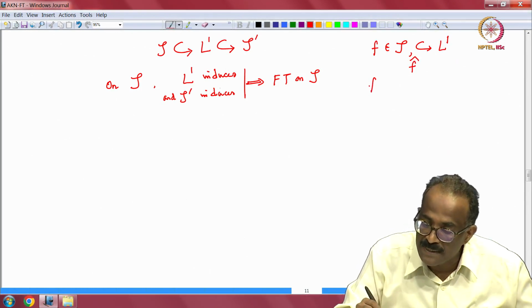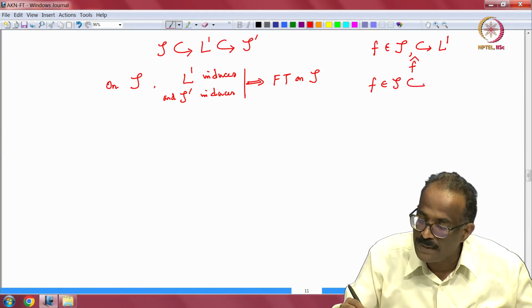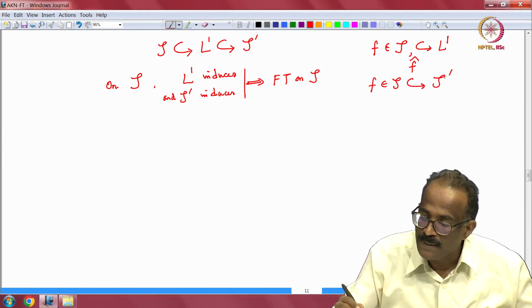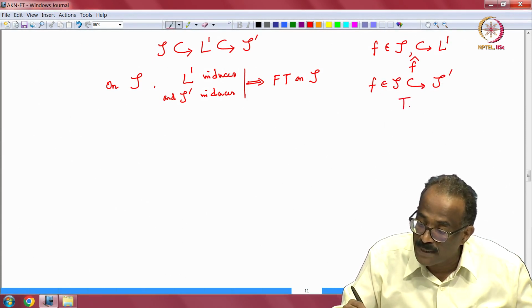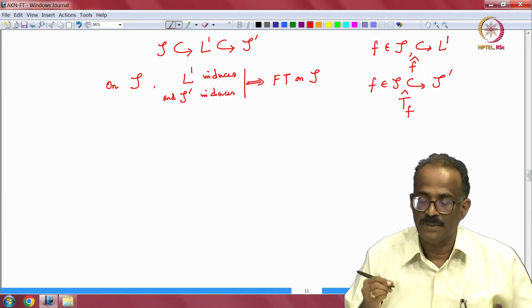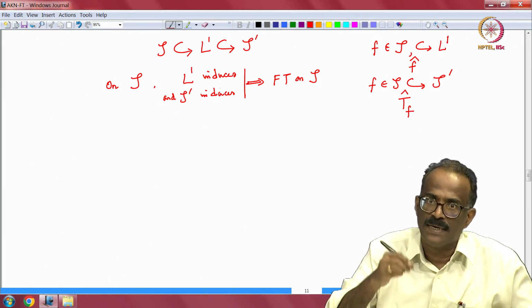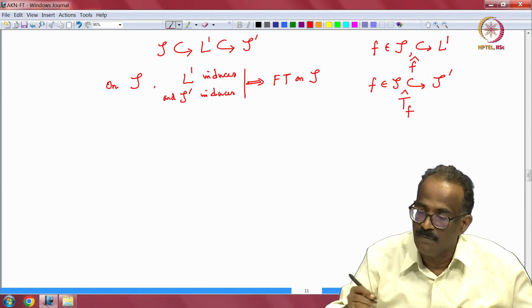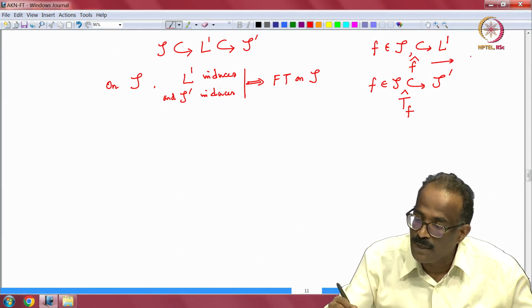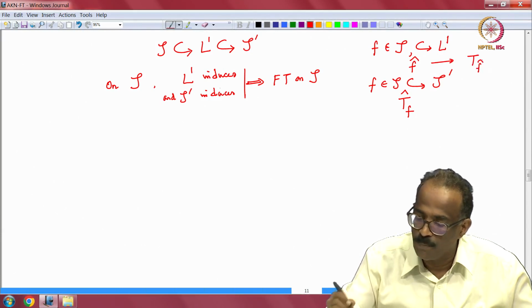Also, f in zeta is in zeta prime, which gives the Fourier transform given by the distribution. You treat f as T_f, and its Fourier transform is T_f hat.